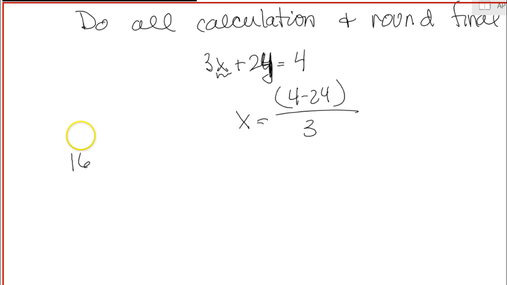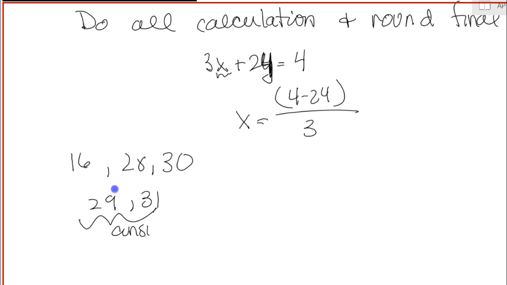So 16, 28, and 30. 29 and 31, the answers are in the back if you need additional practice. But these should be how you quiz yourself. Okay, so 28 and 30 are the best, I think, for sig figs.